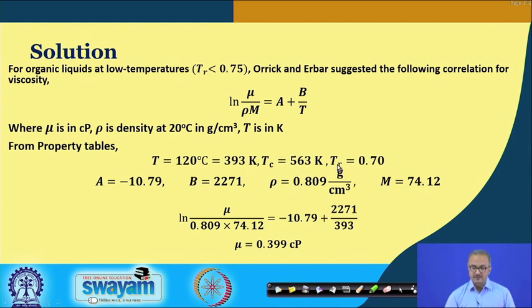Once you obtain the Tr value, you get the values of A, B from the source book, and rho is also given there, and this is the molecular weight. Plug in the values of A, B, rho, m in this correlation and now you are able to get the value of mu in centipoise. You can see that this is coming in centipoise, and for the vapor it was coming in micropoise.